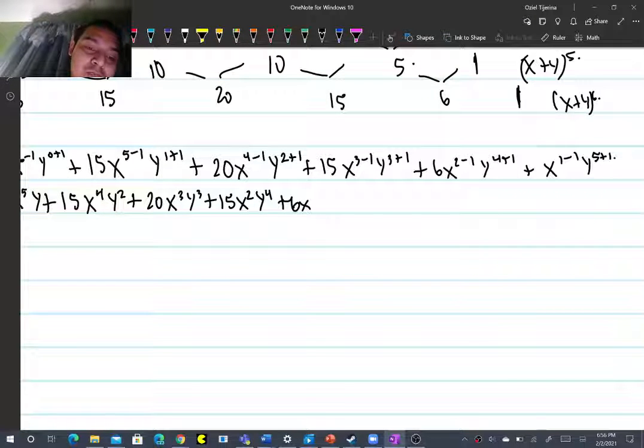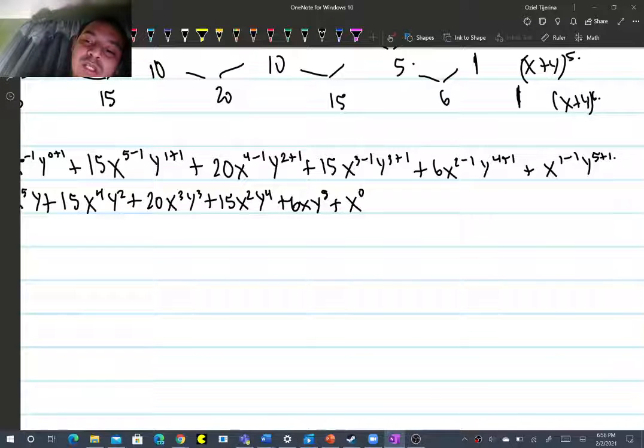And then we have y to the 4 plus 1 power, that's y to the 5th, and then plus x to the 1 minus 1 power, that's x to the 0, and y to the 5 plus 1 power, that's y to the 6.